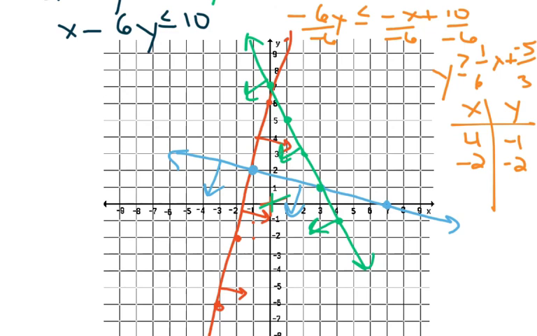I found (-8, -3), and I bet there's another positive one I can find here. (10, 0). So (10, 0) is on the graph, (4, -1) is on the graph, (-2, -2) is on the graph, and (-8, -3) is on the graph. So it looks like the line looks like this.